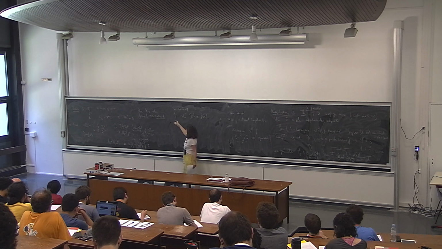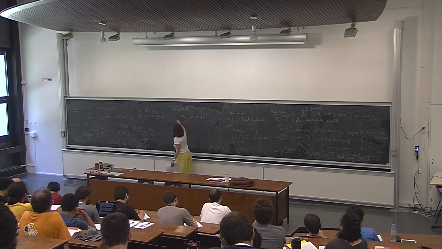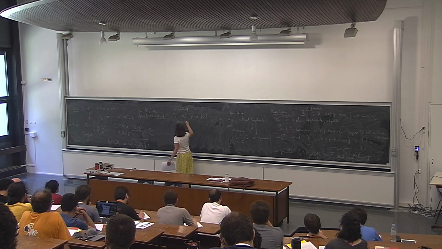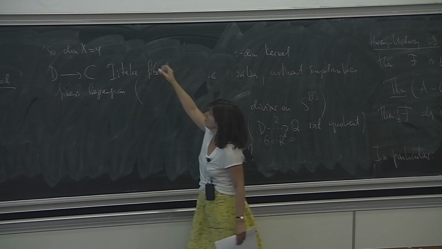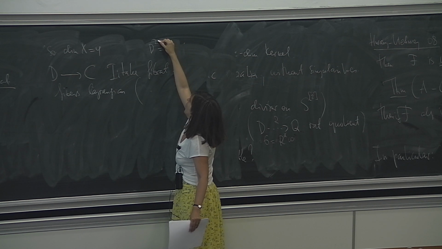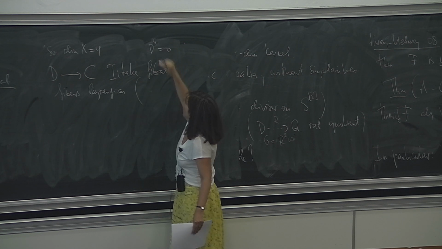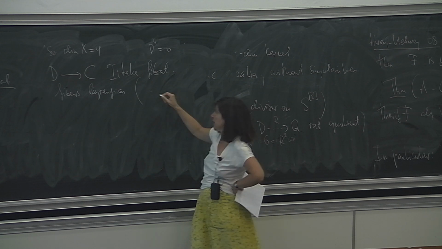Well, you see that, in fact, the fibers of this Iitaka fibration are Lagrangian subvarieties. Because they are equivalent to D squared as cycles.